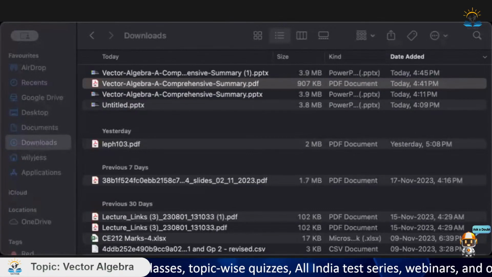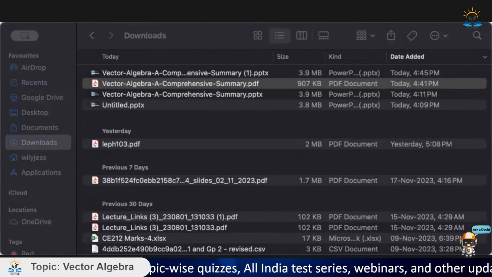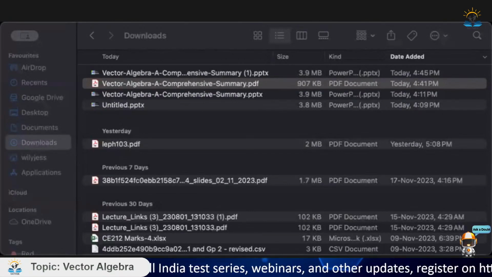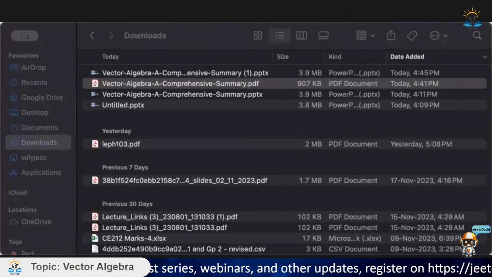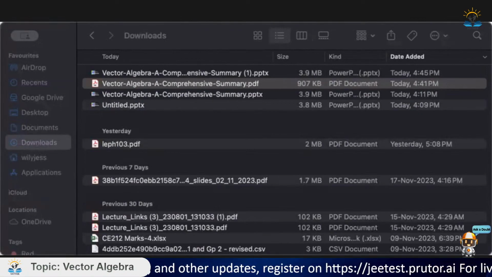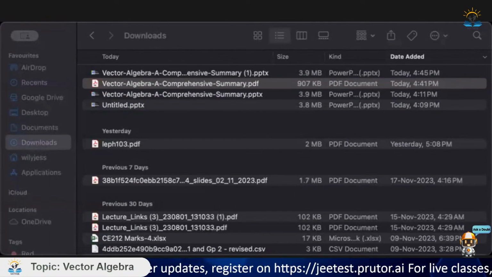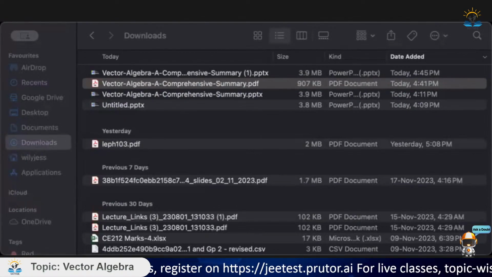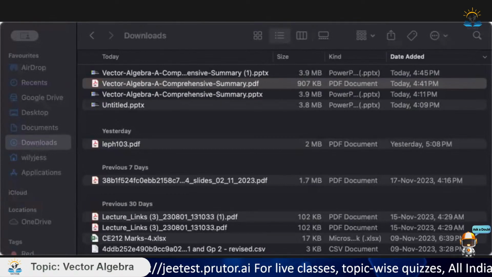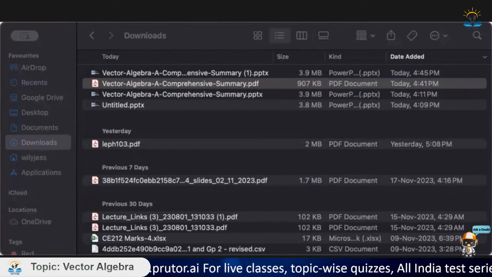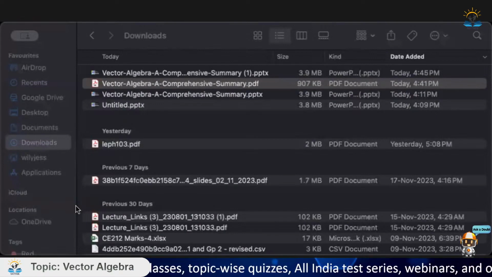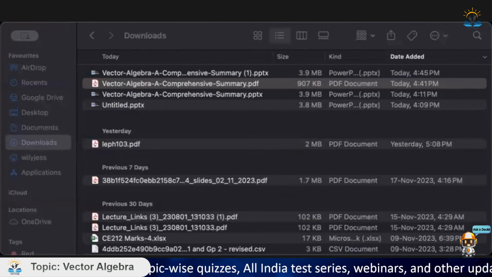Then two sides of the triangle are B vector minus A vector and C vector minus A vector. The logic here is that the area of the triangle is half of the area of the parallelogram. So if the area of the parallelogram is A cross B, then the area of the triangle will be half times A cross B, where here A and B are the sides, not the position vectors. After finding the sides, B vector minus A vector and C vector minus A vector, we will get half of B minus A vector cross C minus A vector.